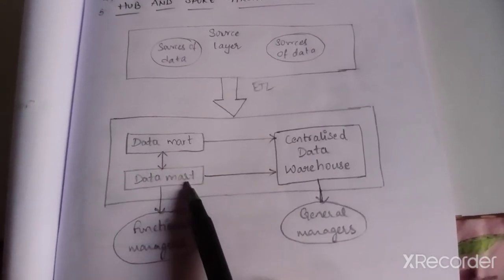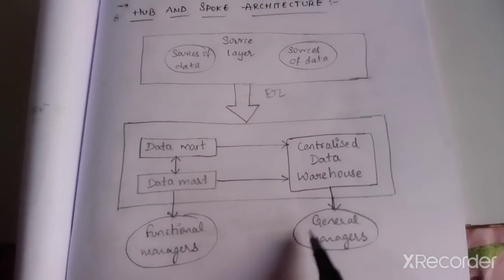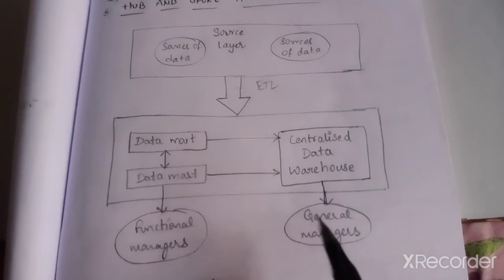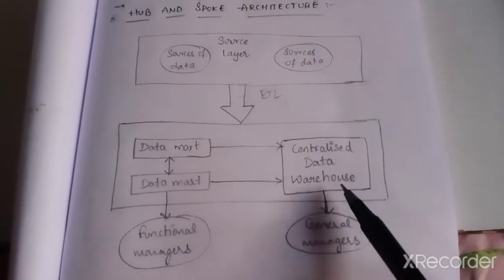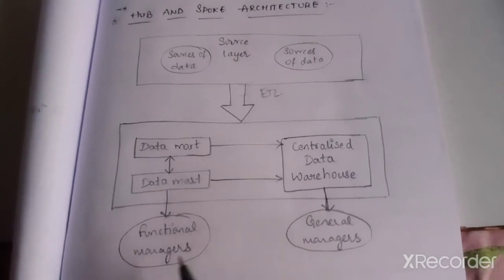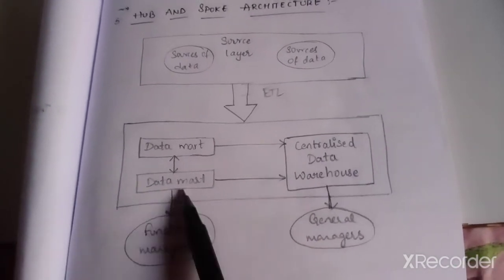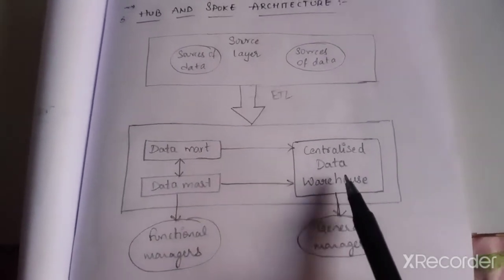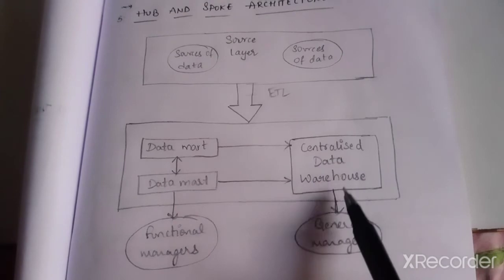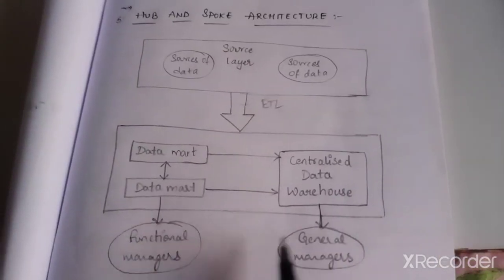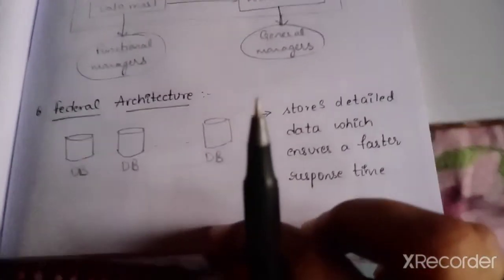And if any application wants to access data directly from the data warehouse, it can also do so. So for example, functional managers and general managers: functional managers are going to access data from the data mart, whereas the general manager is going to access data directly from the centralized data warehouse, which has hub and spokes. Getting it? Okay.